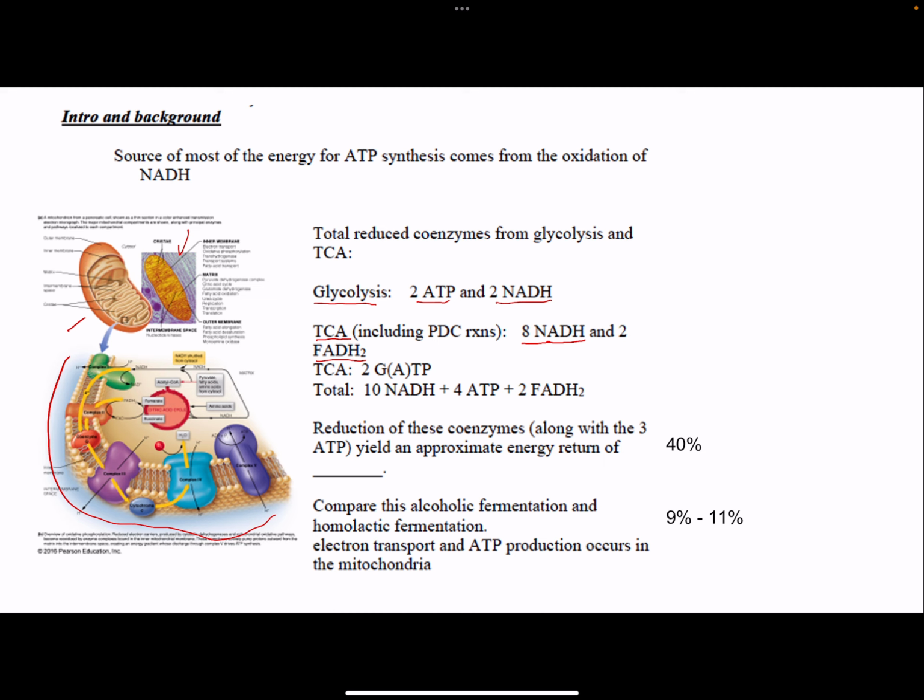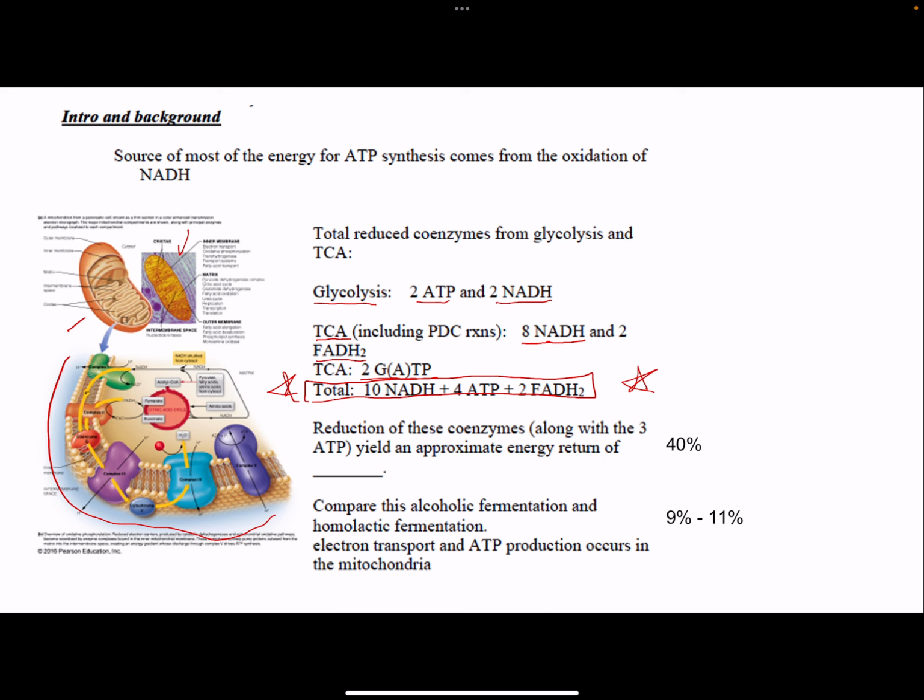We also have from TCA the GTP, which is similar to the ATP. So we do have some high energy compounds as well. So our total at this point, if we sum up all of this, is 10 NADH, 4 ATP, and 2 FADH2. This is a very important sum total for you to know and be familiar with.